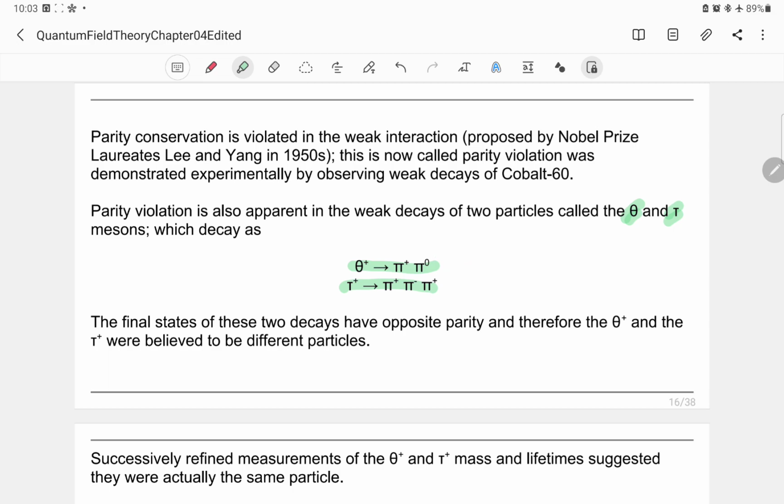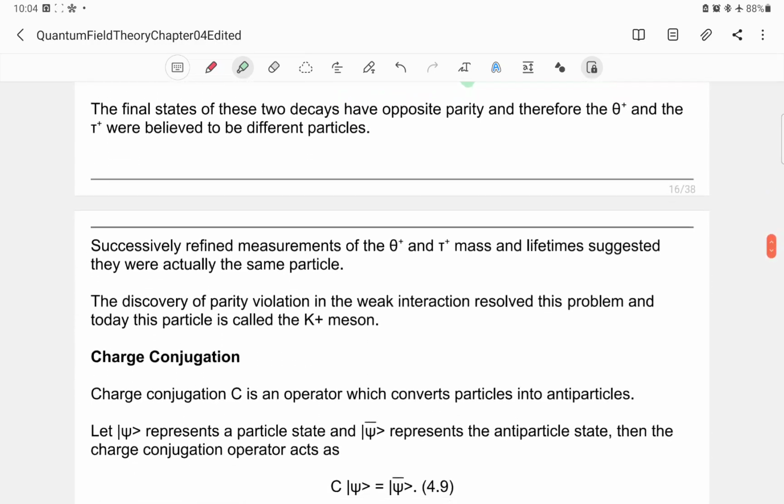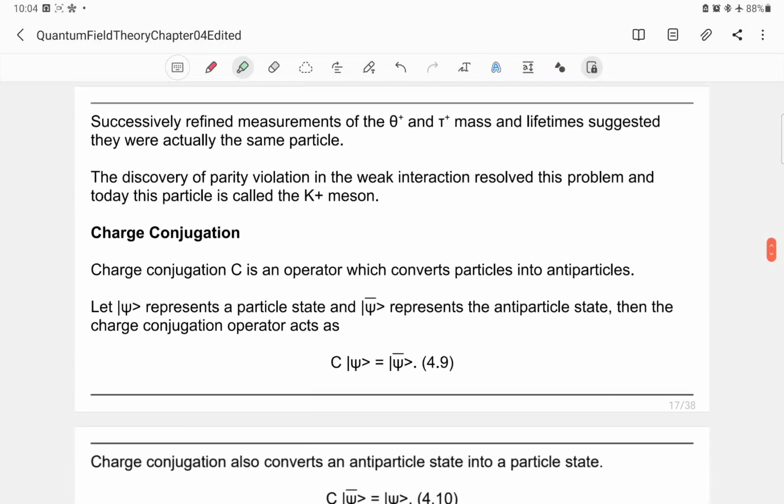This one is +1, this one is -1. The final states of these two decays have opposite parity, and therefore theta plus and tau plus were believed to be different particles, but refined measurements show that they're actually the same particle.